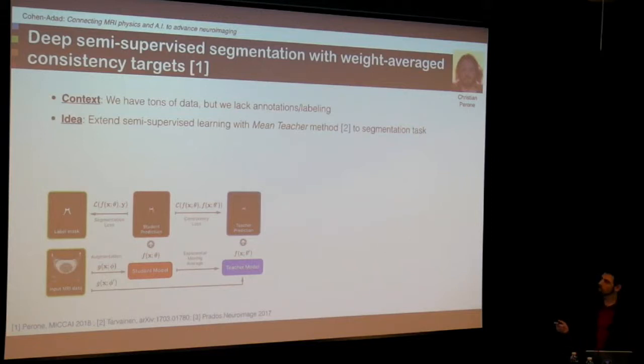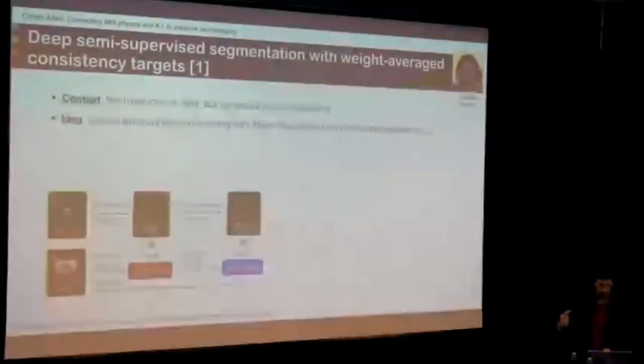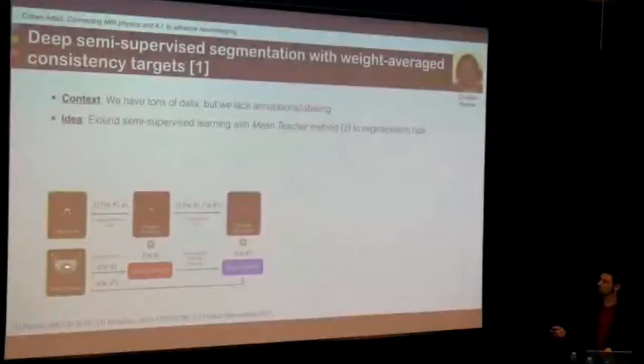In the mean teacher method, there is a student model and a teacher model. The student model, which we see here, learns in a traditional way: the images are input into the student model, as well as the ground truth labeled data.